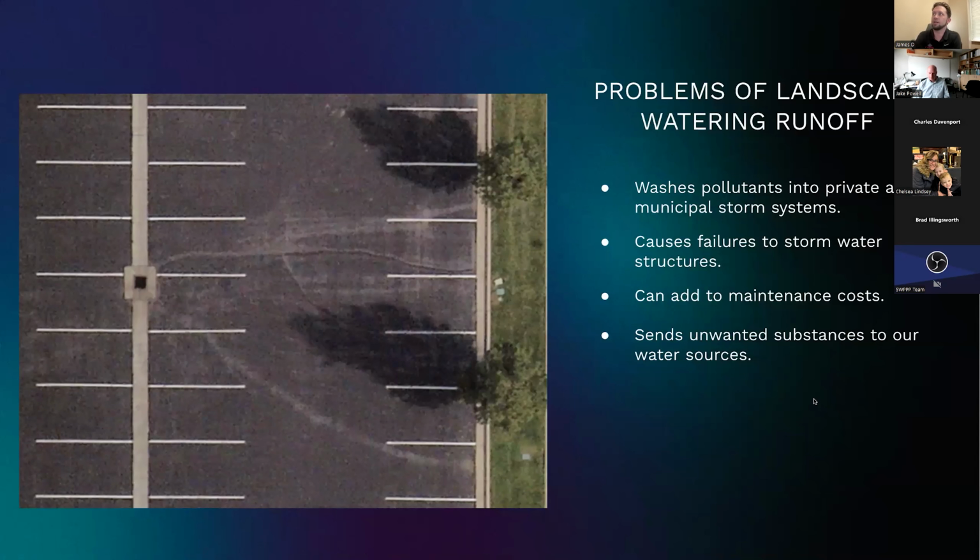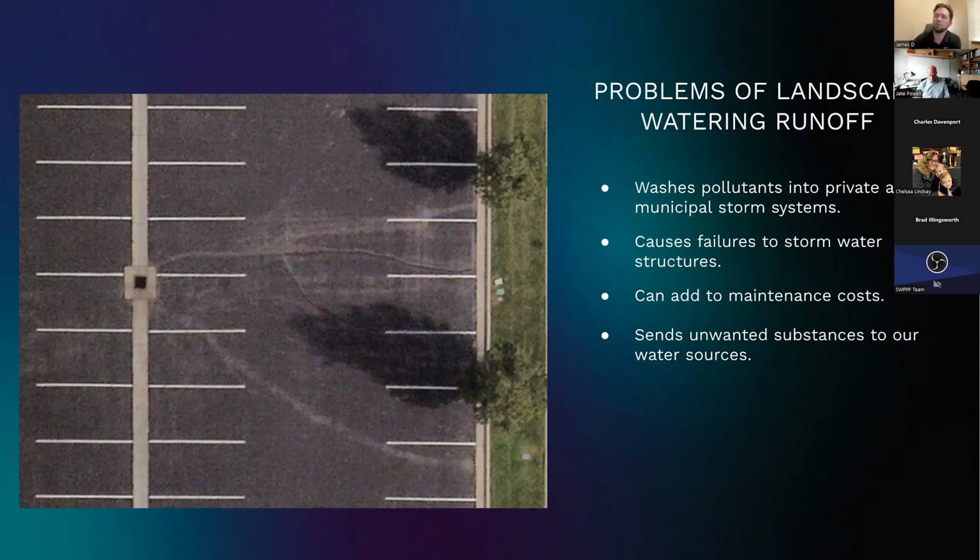So problems of landscape watering runoff. This can wash pollutants into the private and municipal storm systems. It can cause failures to stormwater structures, can add to maintenance costs, and ultimately it can send unwanted substances to our water sources.